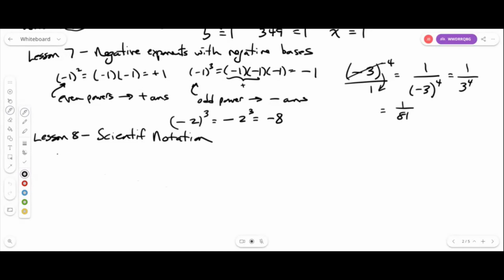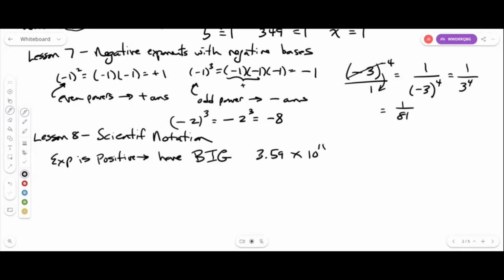And we said that if the exponent is positive, we have a big number. 3.59 times 10 to the 11th power.